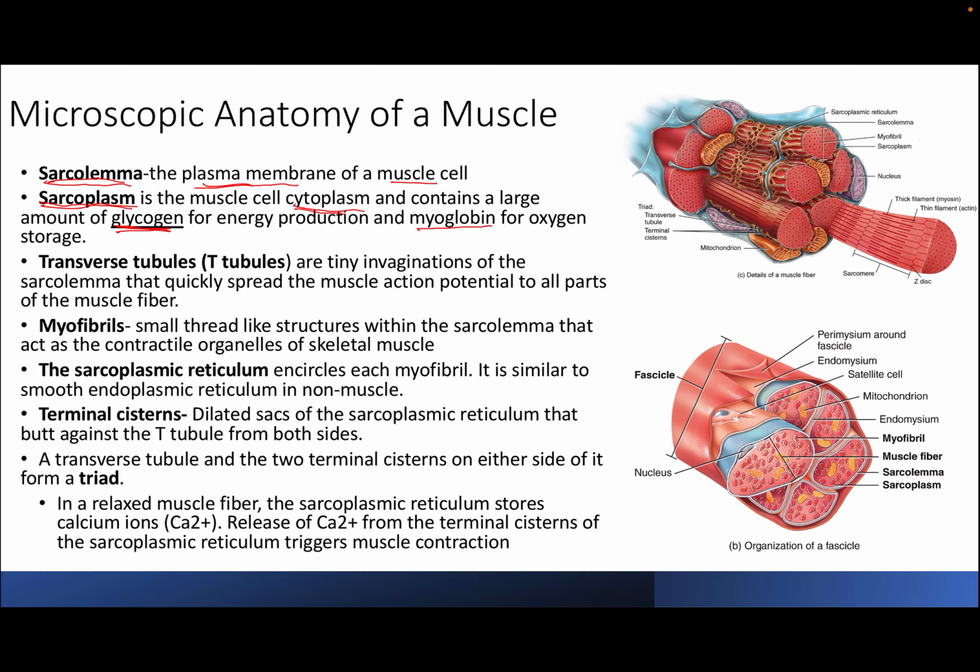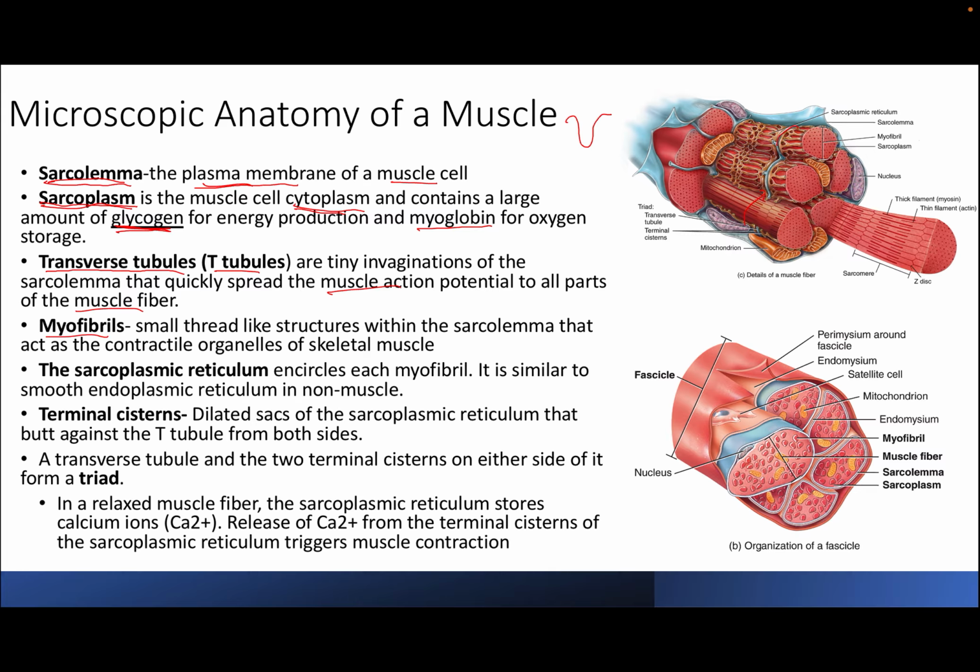Another structure that we're going to see within the muscle is the transverse tubules, also known as T-tubules. These are little invaginations that you can see here, kind of blue, looking like that. Those are our T-tubules. These are sort of dips in the sarcolemma, and this is where we have the ability for our muscle action potentials to spread very quickly throughout all parts of that muscle fiber.